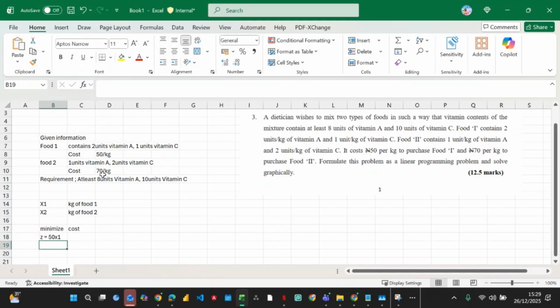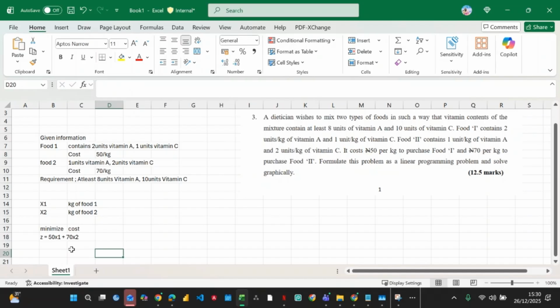The cost for food one is 50 per kg, and the cost for food two is 70 per kg. So what I put here is Z = 50x1 + 70x2. You get it now? This is the function that we have.